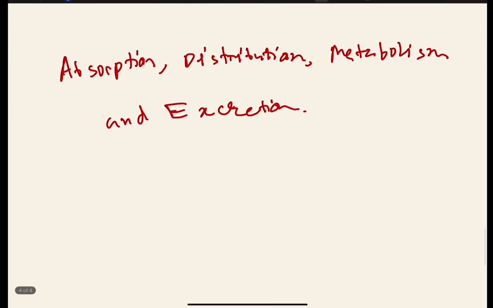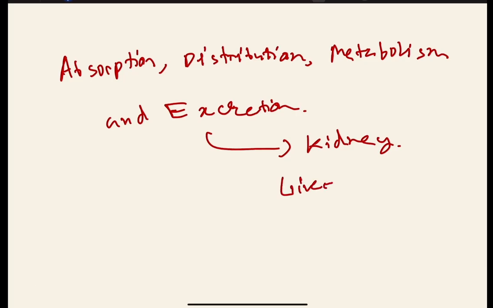The primary organ for excretion is the kidney, but it is not the sole organ that excretes the drug. There is also the liver, which excretes the drug through biliary excretion. There is biliary excretion of the drug, and the drug is passed through the stool. Okay.